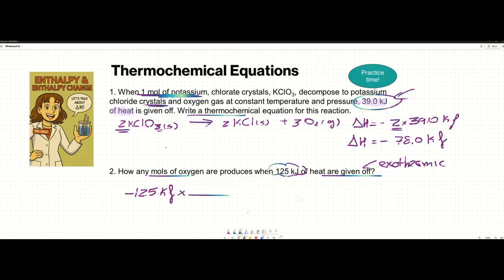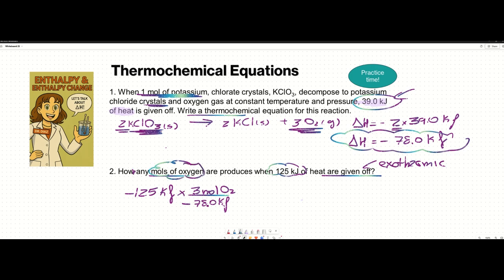I know that for 2 moles of potassium chlorate and 3 moles of oxygen, I have negative 78 kilojoules. Because they are asking how many moles of oxygen are produced, I'm going to multiply this by this and divide by 78, right?